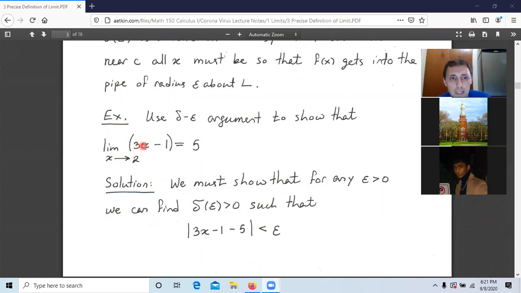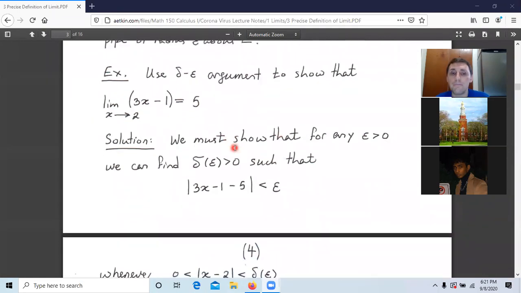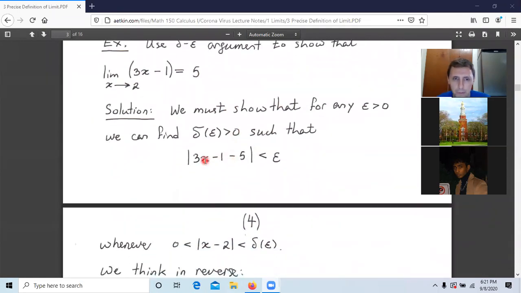to achieve that f of x, which in this case is 3x minus 1, is within epsilon away from 5. Okay, so this is how I do that. And I'll ask you a few questions afterwards to see if you follow. So let's pretend that 3x minus 1, where the particle actually landed, and its target 5, the distance between them was less than the radius of the target pipe. So |3x minus 1 minus 5| is less than epsilon. The question I want to ask then is, how close was x to 2?